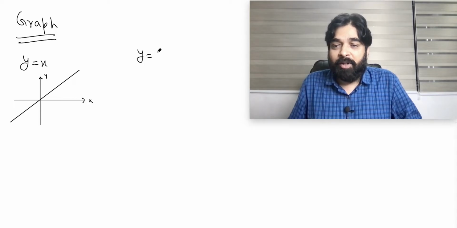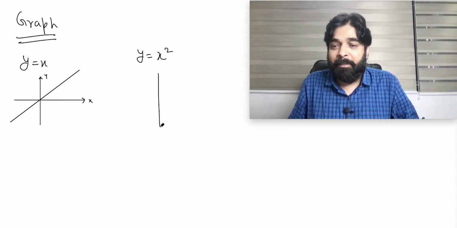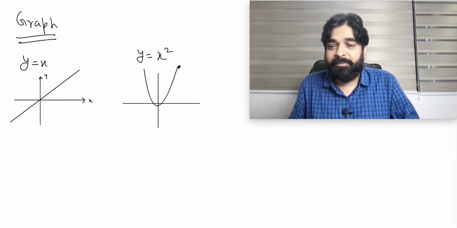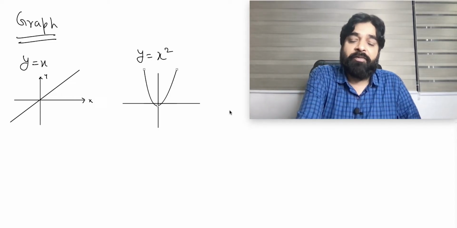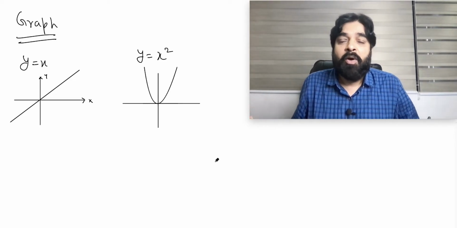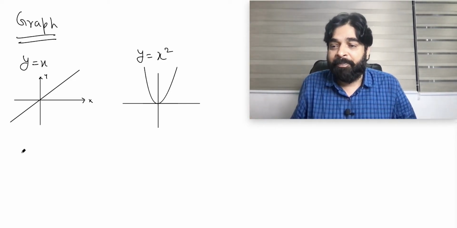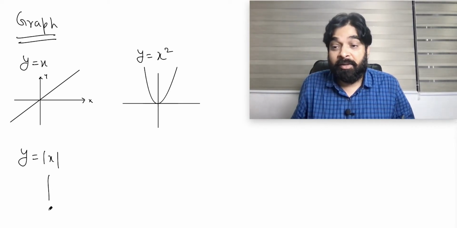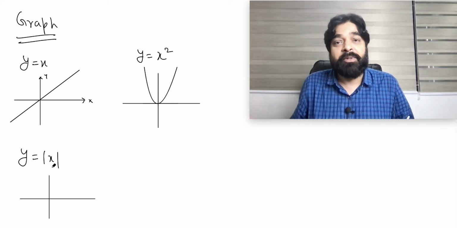Next is y equal to x square. It's nothing but a parabola. You can call it a vertical parabola. Remember, these are the basic graphs which you have to learn. There is no hard and fast rule; we don't have to go by a rule, we have to just memorize. These are the basic graphs. y equal to x square is a parabola. y equal to mod x: I told you the modulus concept, whose theory we'll discuss at a later stage.